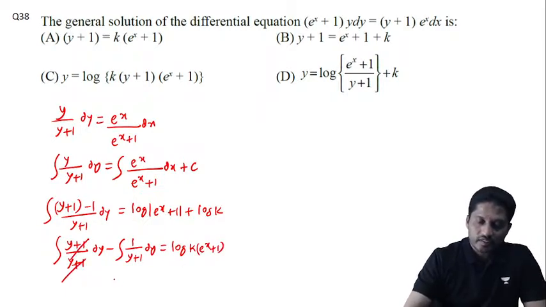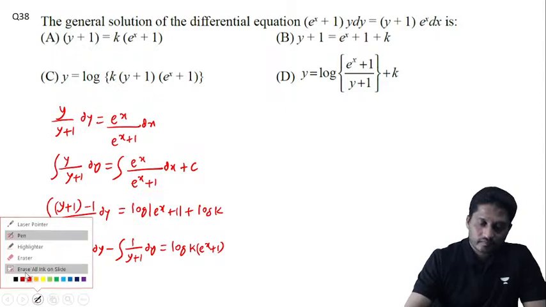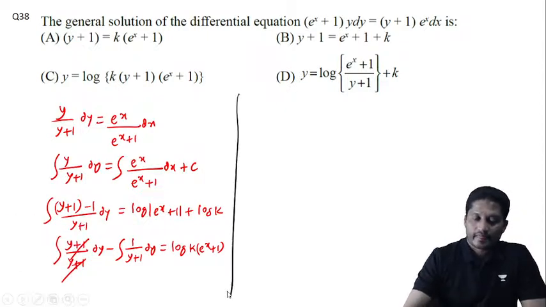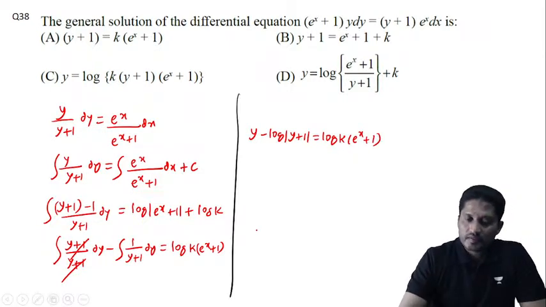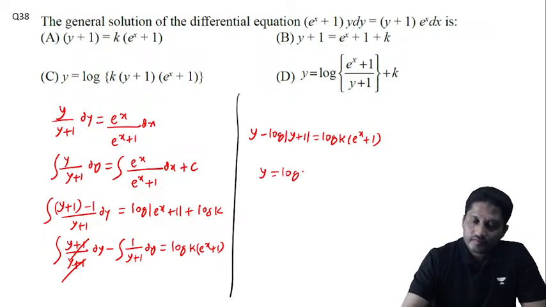This will cancel, integration of dy is y, this is minus log of y plus 1 is equal to log of K into e power x plus 1. So y is equal to log of y plus 1 plus log of K into e power x plus 1.